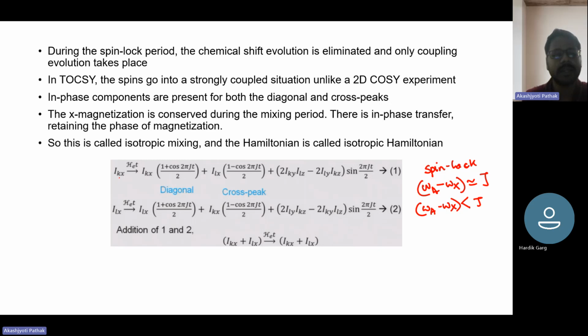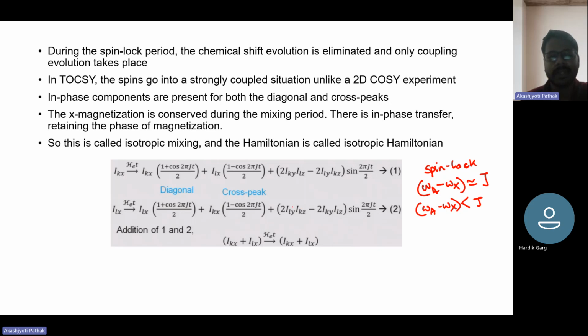For the two spins, the I spin and the S spin, the density operator is written separately over here. Now if we add the first equation to the second equation, then on addition, these terms will get cancelled. Here you see that it is plus 2 IKY ILZ minus 2 ILY IKZ.